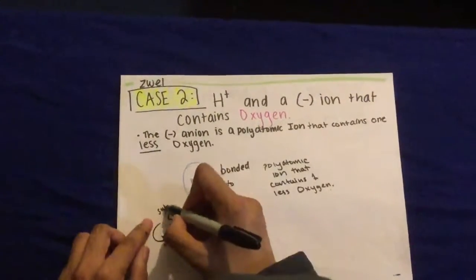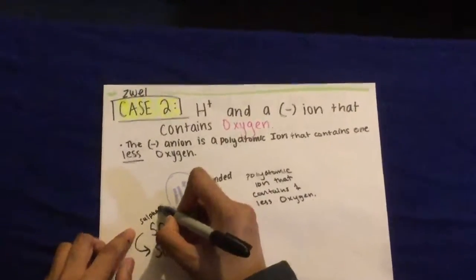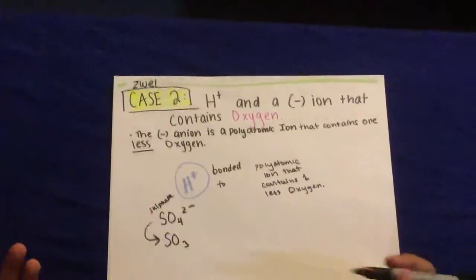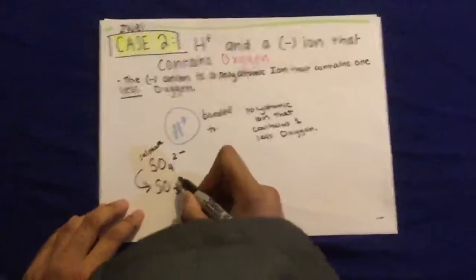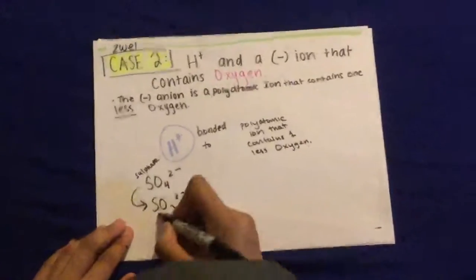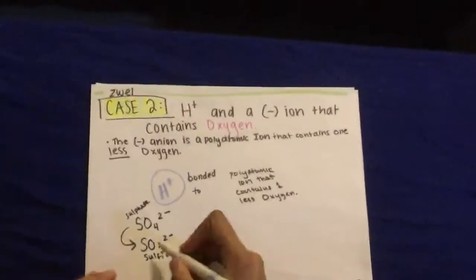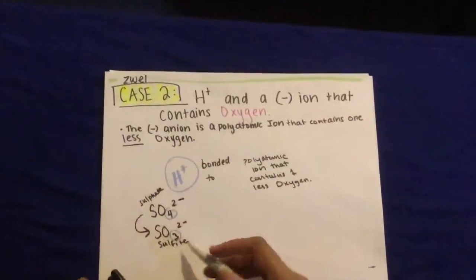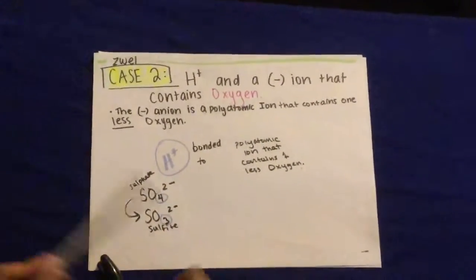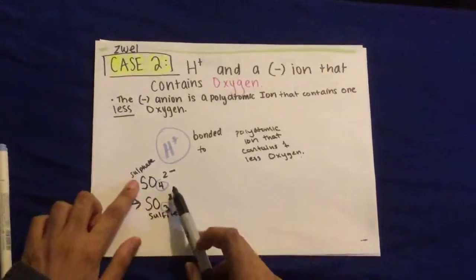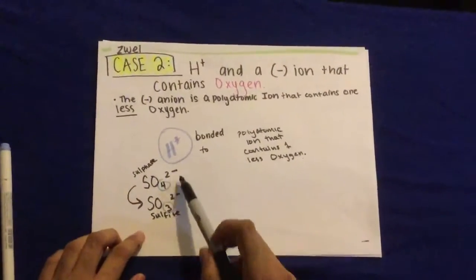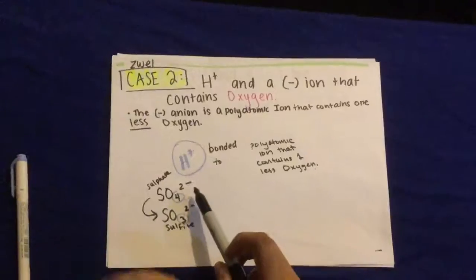And I'm just going to write their names. Some people write it with a PH, other people write it with an F. Again, don't really care. And sulfite, which has one less oxygen, as you can see, right? 3 is 1 less than 4. Sulfite has one less oxygen than sulfate, but both of them have the same charge, right? -2.